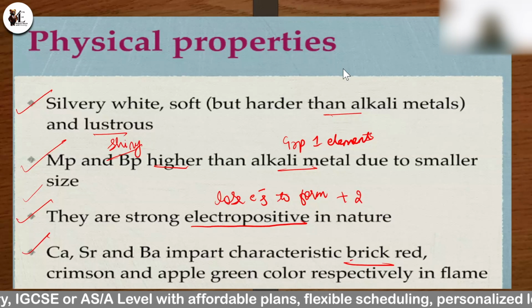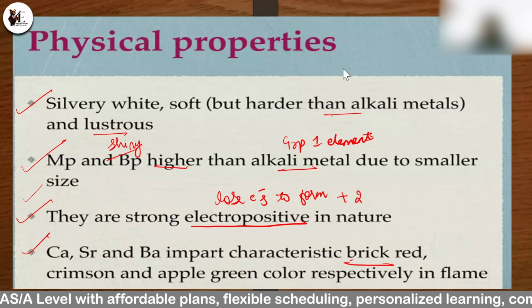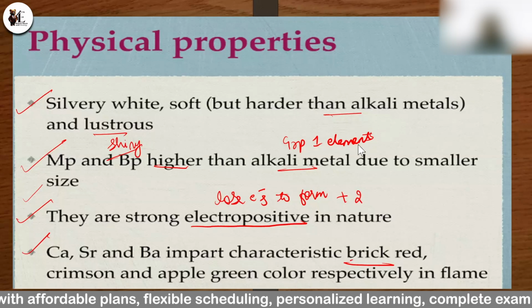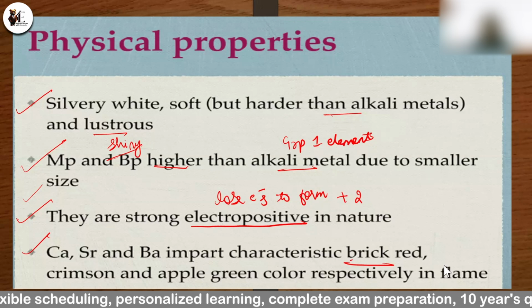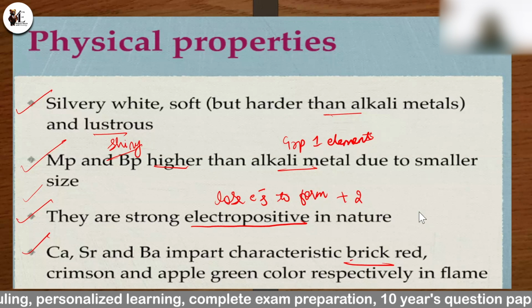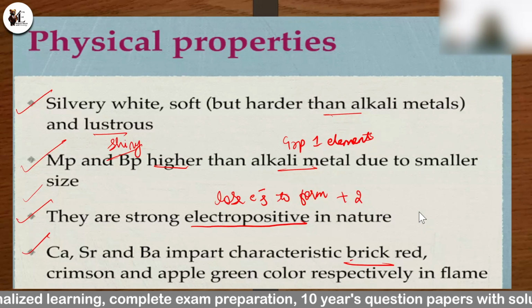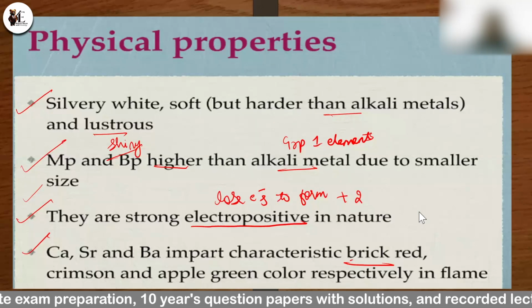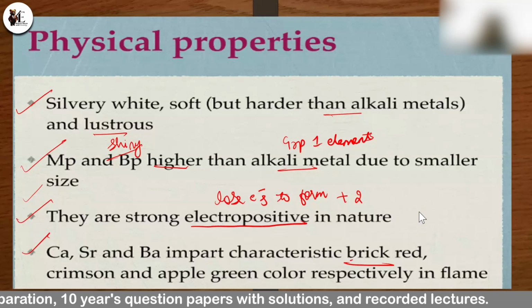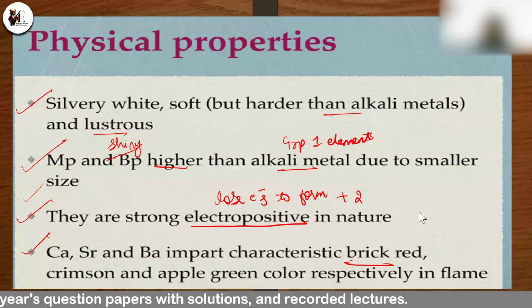Electrons are excited when the energy of the flame falls on them, and when they return to the ground level, they emit radiation. The colors corresponding are brick red, crimson, and apple green respectively.